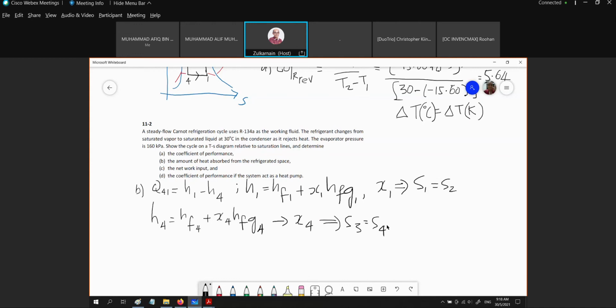We also can get the COPR for the reverse Carnot cycle, which is equal to Q41 divided by W12.